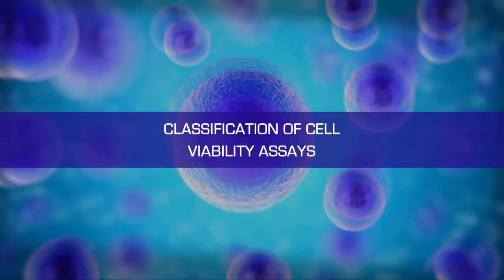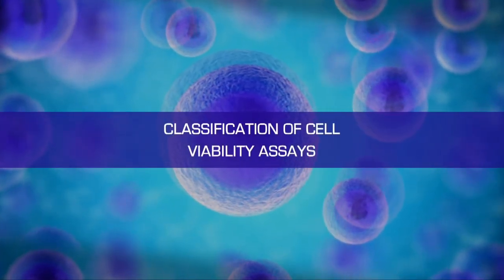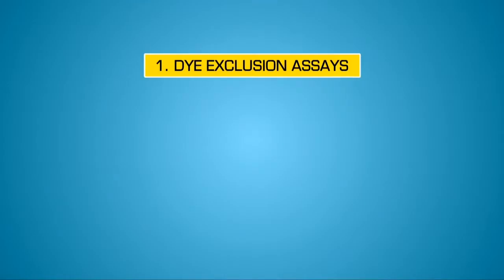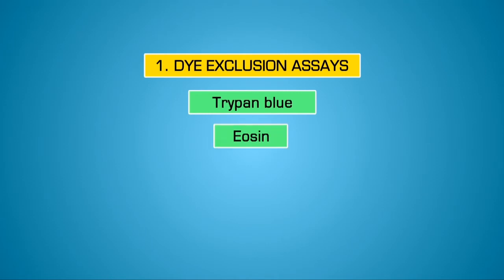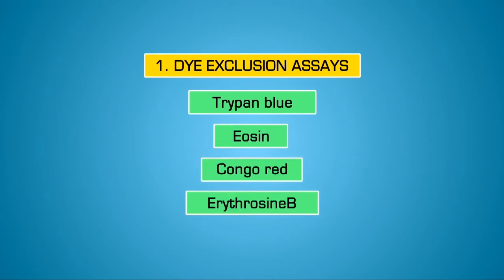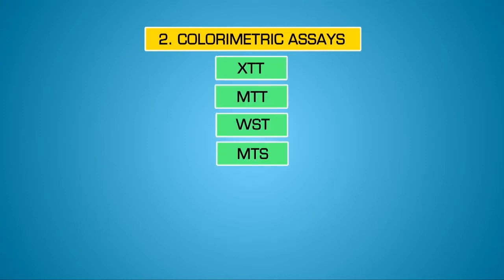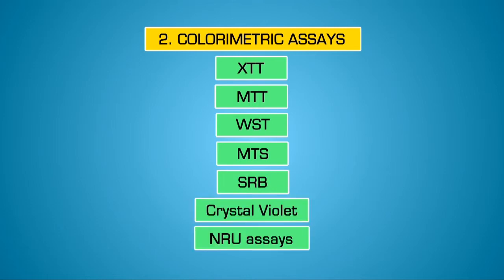Now let's discuss classification of cell viability assays. Cell viability assays can be categorized as: number 1, dye exclusion assays such as trypan blue, eosin, Congo red, and erythrosin B. The second type is the colorimetric assays, which are XTT, MTT, WST, MTS, SRB, crystal violet, and NRU assays.